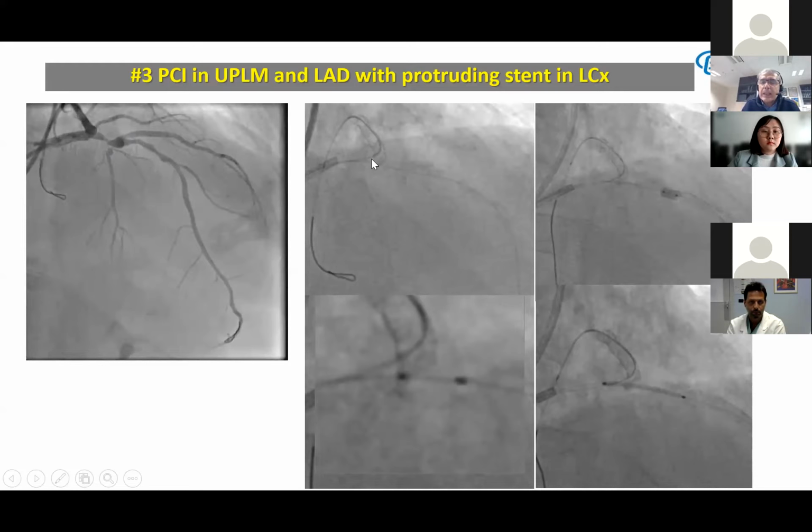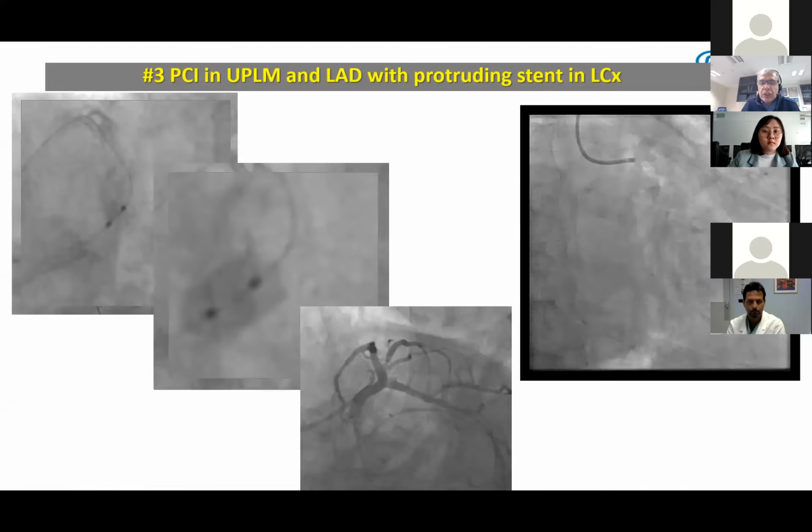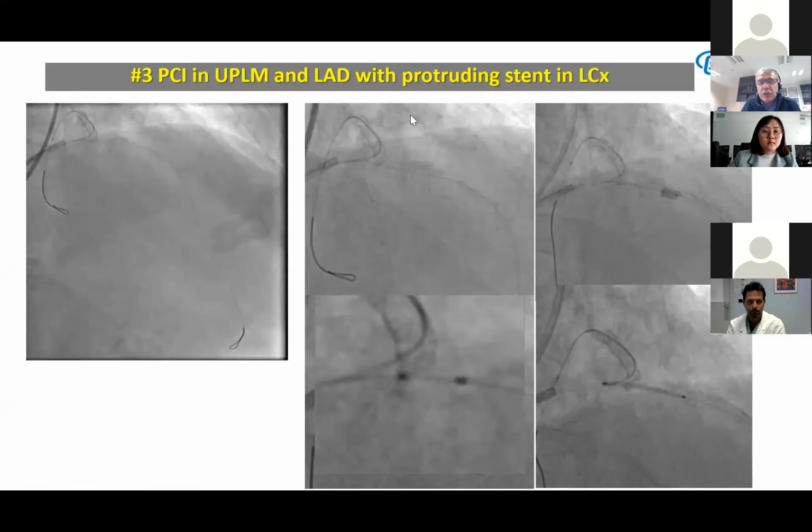stent. It's not so easy to cross with the wire, but we cross, and we perform a small predilatation with a 2.2 balloon, and then we perform IVUS, and then I show that the stent is protruding, and I crossed the first part and the second part of the vessel.